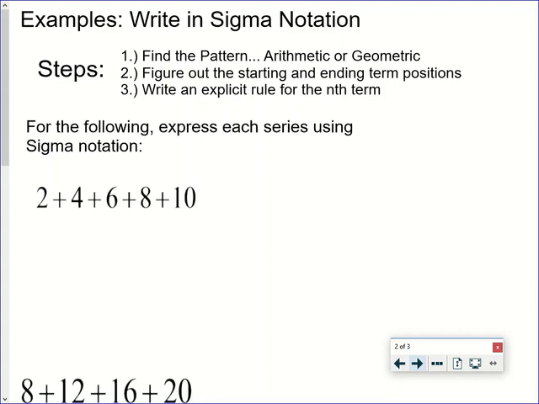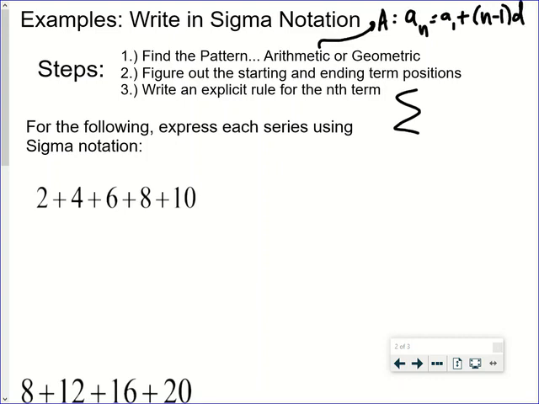So what that means is you're just going to end with your sigma notation, making sure everything is labeled correctly. One thing to remember that we're going to use to solve for these is the formula for arithmetic and geometric. So for arithmetic, remember it's a sub n equals a1 plus n minus 1 times d.